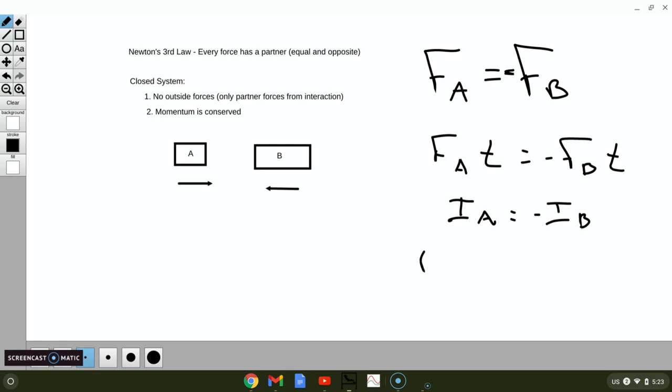So that means the final momentum of A minus the initial momentum of A is equal to the negative of the final momentum of B minus the initial momentum of B.